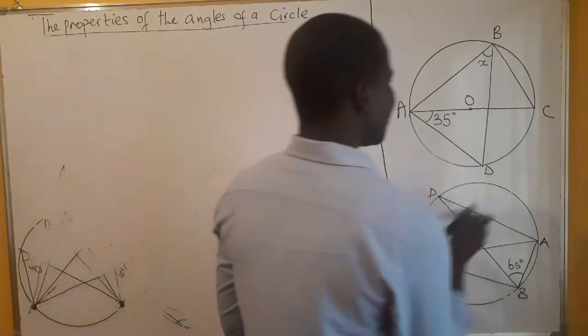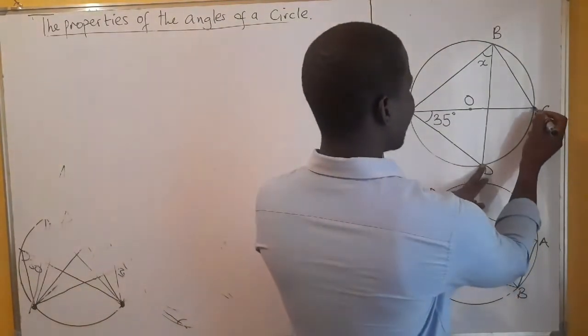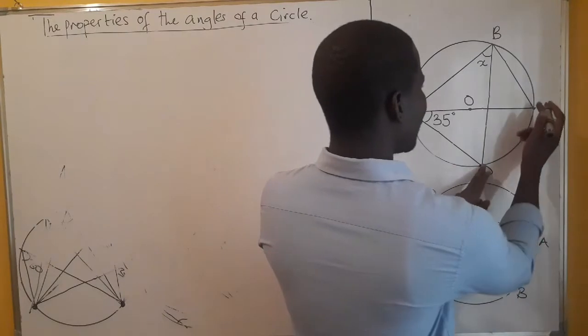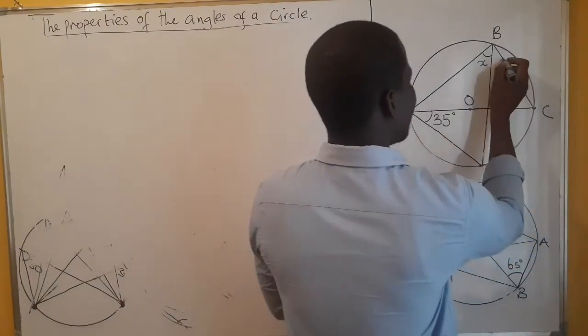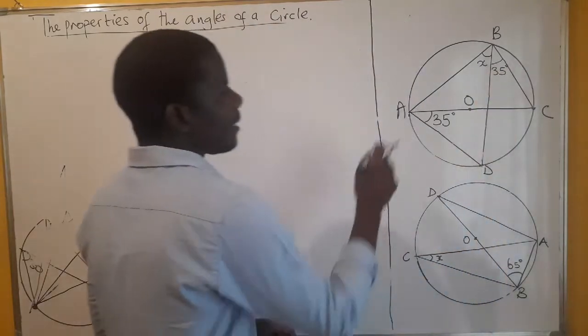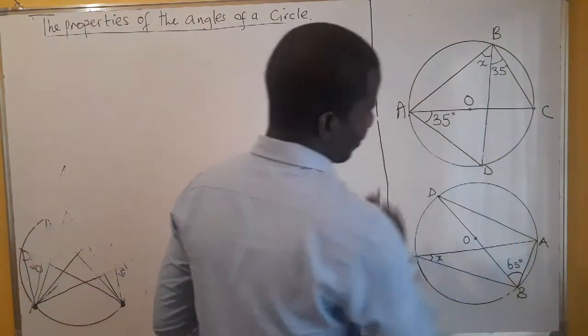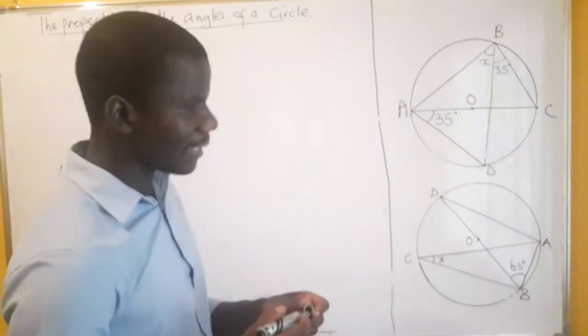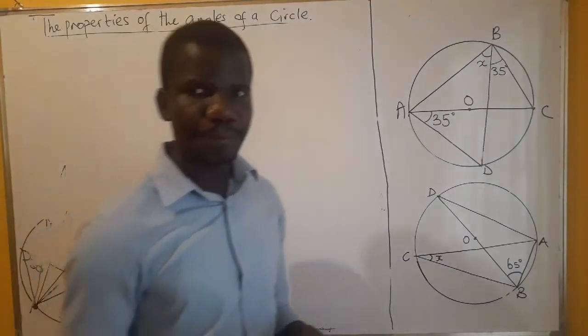So you're looking at where 35 is coming from. The arc, it's this point, isn't it? So again, if you get this pair of lines, this angle here is also 35. Why? These are angles in the same segment. You get what I'm saying?